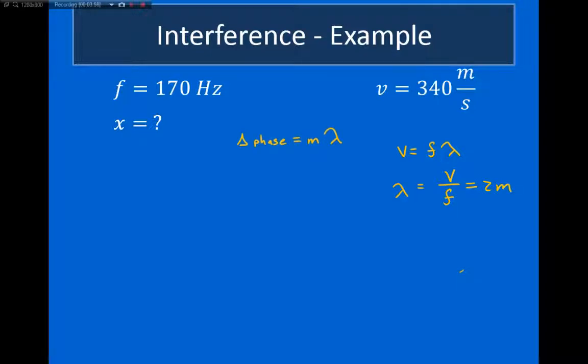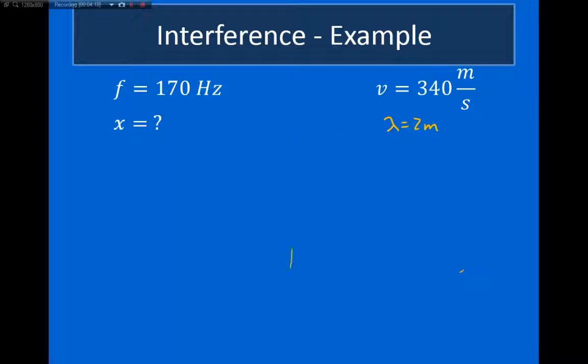Now that I know the wavelength, I can start thinking about this condition for constructive and destructive interference. So let me erase this, and let me write this value that I have up here with the rest of my knowns. So what we have happening here is we have two speakers.